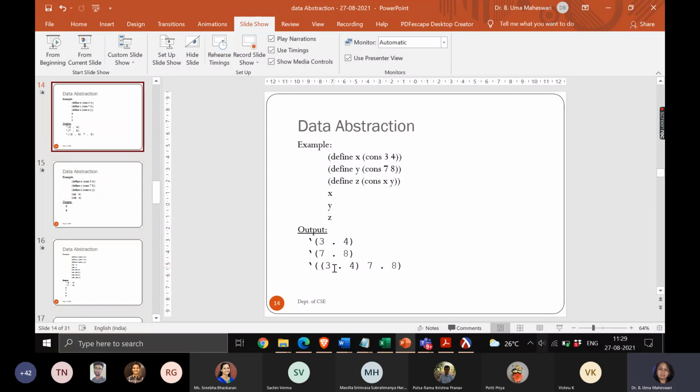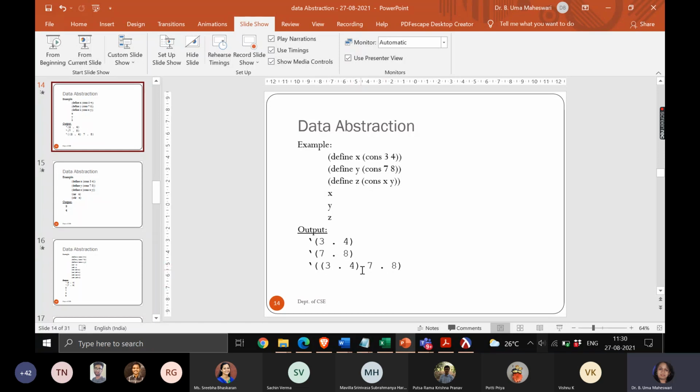If you apply the car, 3, 4 will come. So you denote only the first element. The cdr will take the next element onwards, the second onwards. So cdr will return you second to the last, which is a list. If you apply the cdr to this particular Z, you will get 7, 8 as a list only.